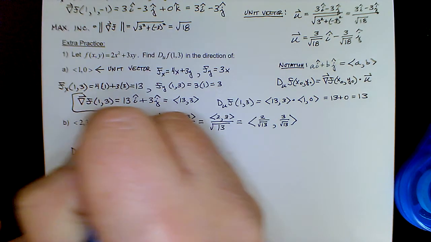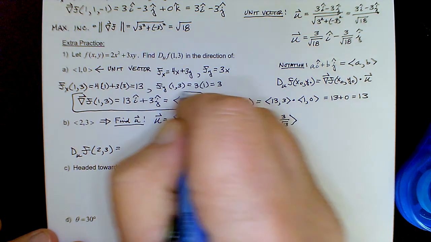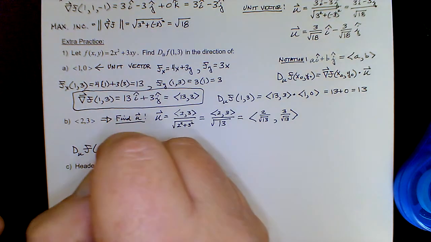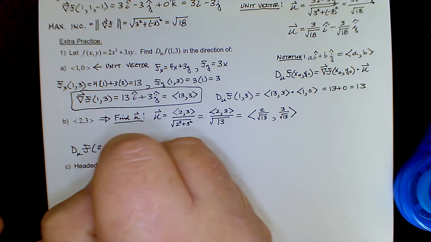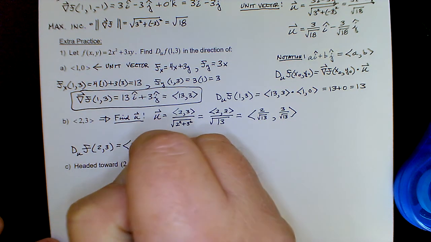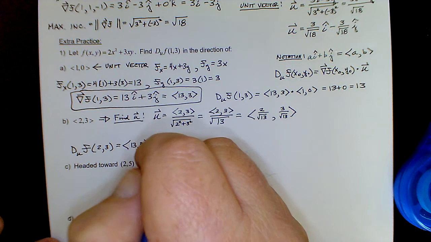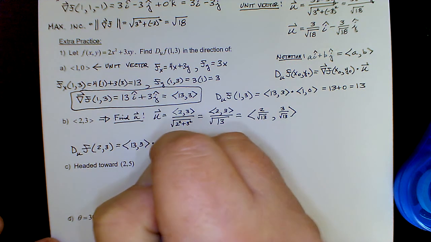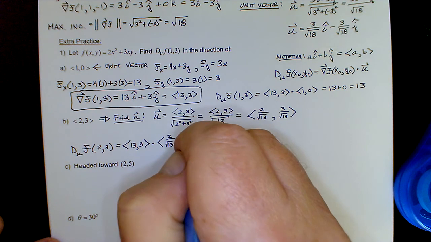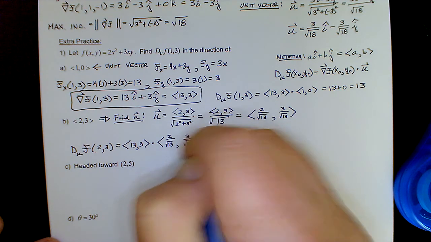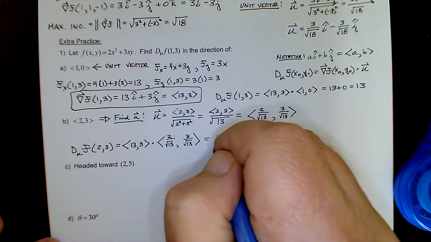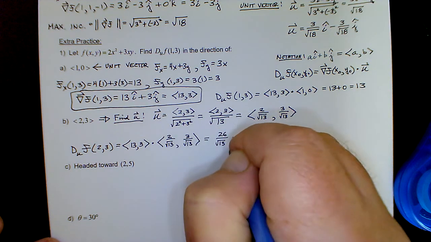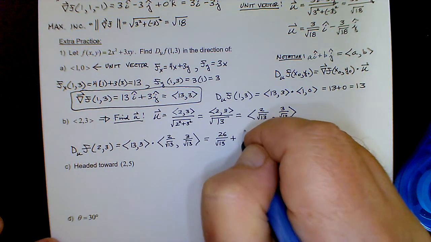So we take that again, <13, 3>, now dotted with <2 over the square root of 13, 3 over the square root of 13>, and we get 26 over the square root of 13 plus 9 over the square root of 13, or 35 over the square root of 13.